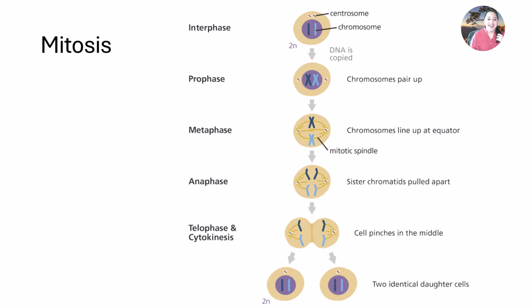This is like the web being shot, and it grabs onto one half of the pair. And on the other side of the cell, there's a different Spider-Man web, and they grab the other half of the chromosomes. So metaphase, they meet across the middle, and the mitotic spindle forms.